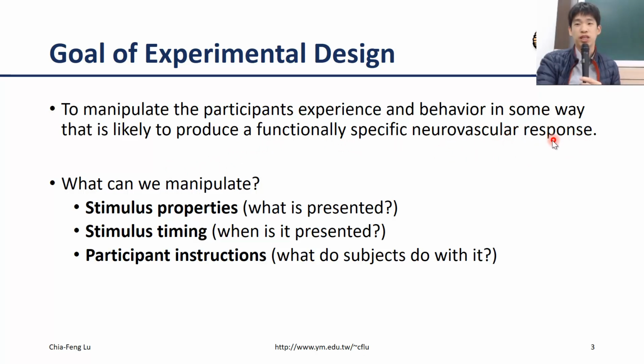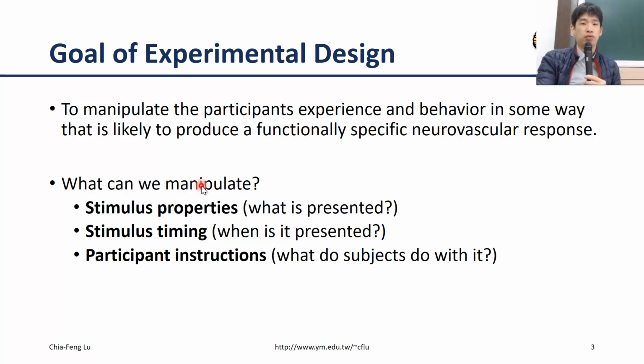As we said last week, we are not directly investigating the neural activity, but more the neurovascular response. We can only see the vascular response right here, but of course this is correlated to the neural activity. The experimental design is so important that if you deliver the design in a wrong way, you definitely have no chance to observe the anticipated vascular response.